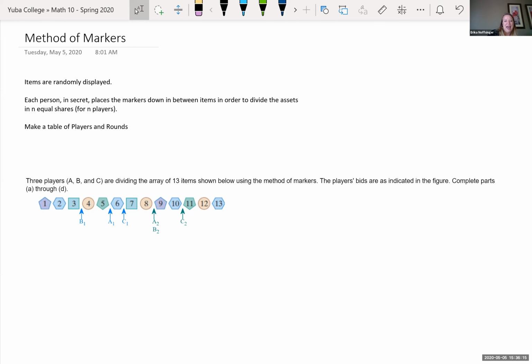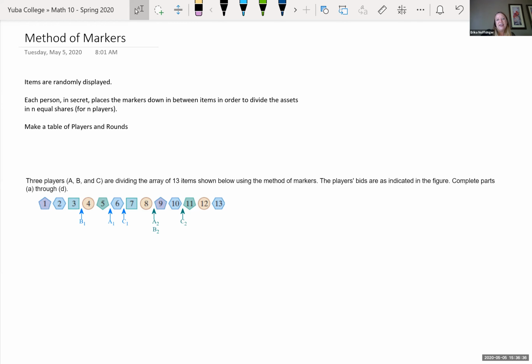Okay, so we're looking at the method of markers, the last way to look at fair division between a number of people and splitting up items or assets. In this method, you take your assets and lay them out in a row randomly.